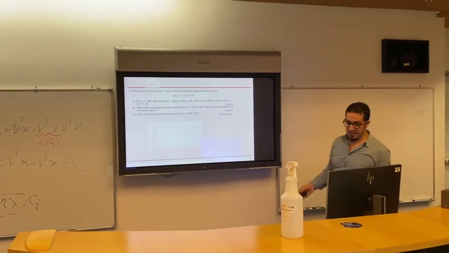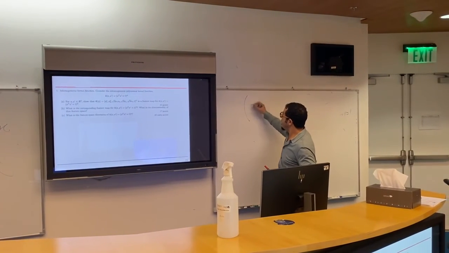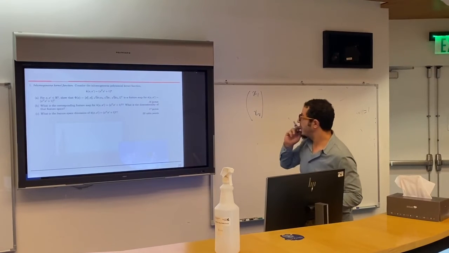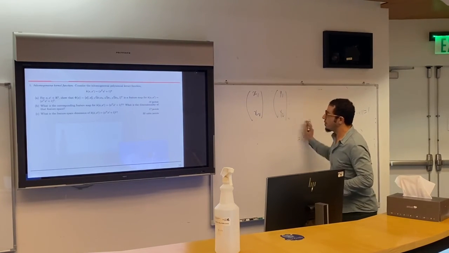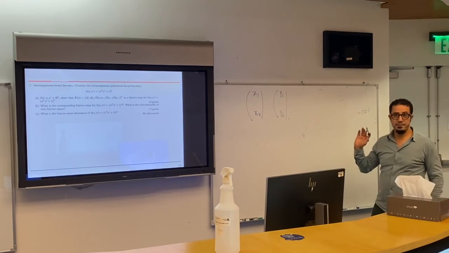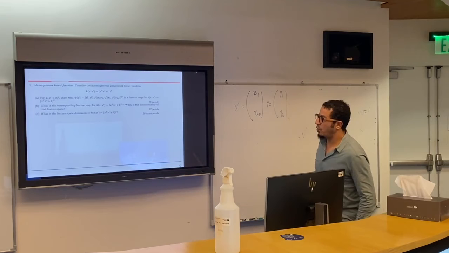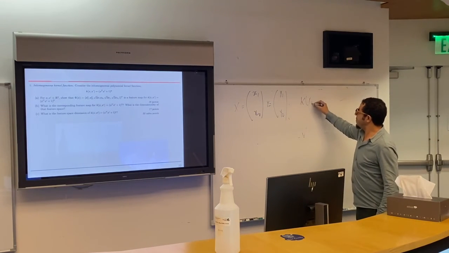Here x1 and x2. Let's call, for example, the vector x with components x1 and x2, and another vector y with components y1 and y2. So what is the kernel of x and y, please?